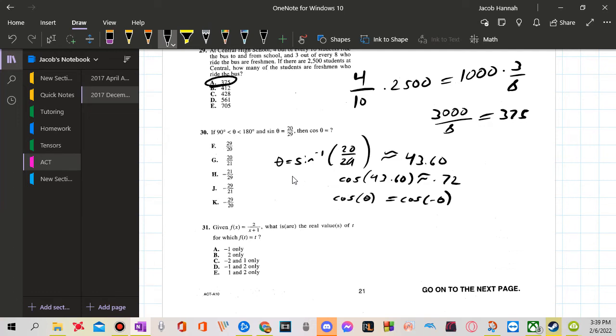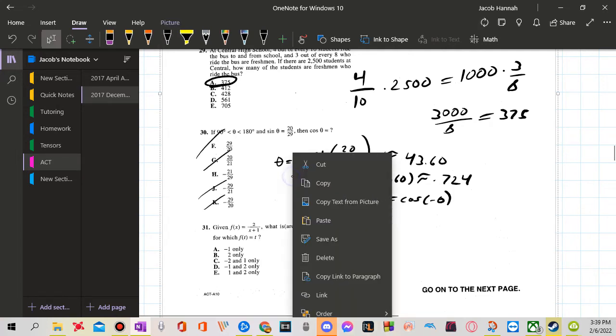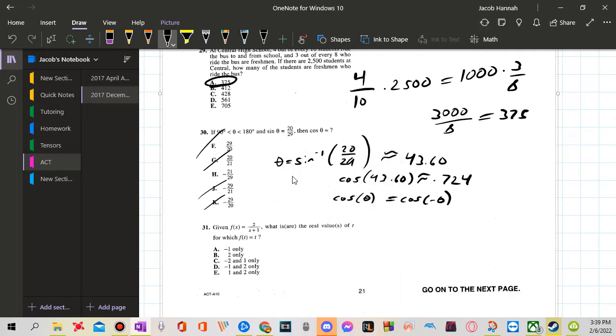The answer you get is like 0.724, and you're going to panic and think, oh no, the positive ones aren't 0.724, I made a mistake. But no, you didn't make a mistake. Just look at the fractions, and it's negative 21 over 29. So when you take cosine of negative 21 over 29, you're going to get 0.724. So the answer is H.